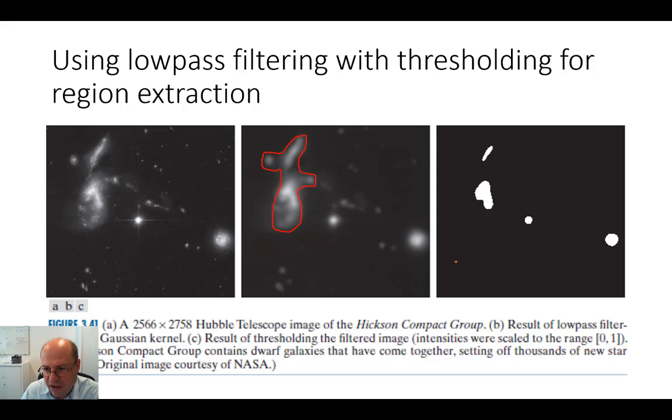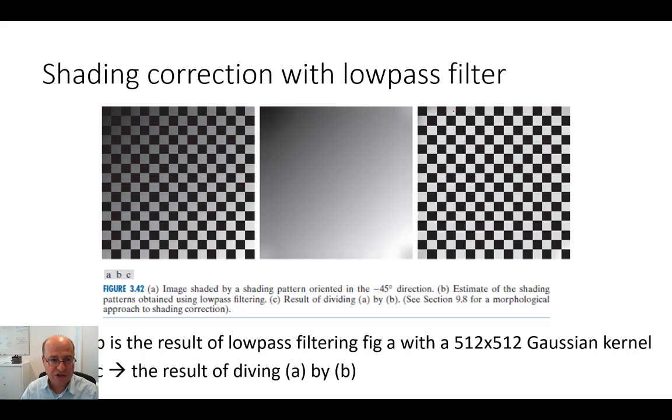Now I only need to apply thresholding, that stuff that we've seen a couple of lectures ago, to get exactly the region where this agglomerate is. And if I want to then go back, I can just select the pixels inside of this region from the original image to get the main body of the agglomerate. That's what thresholding with low-pass filter is. That's one of the applications.